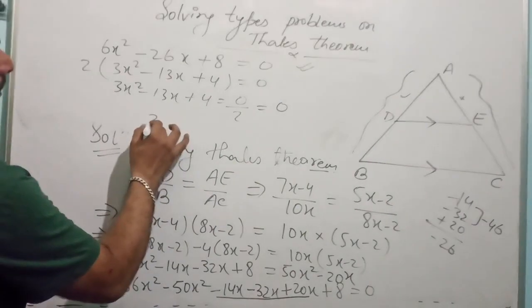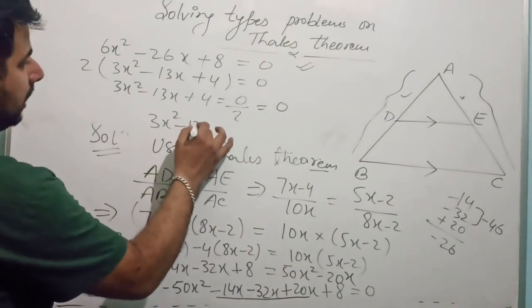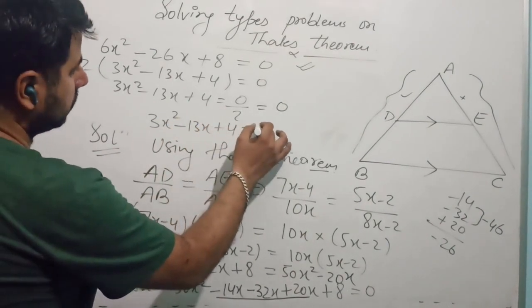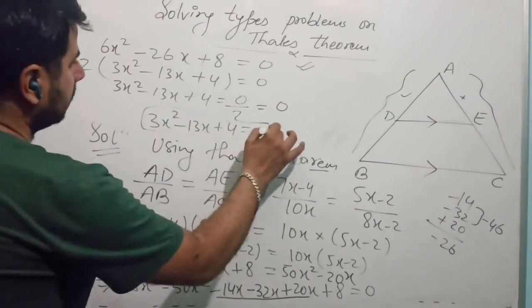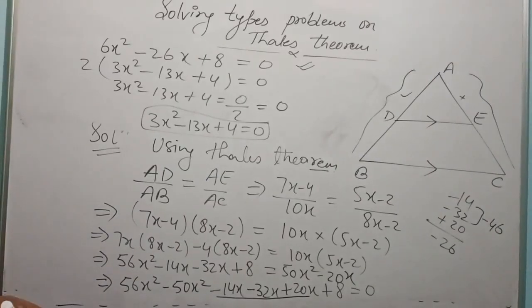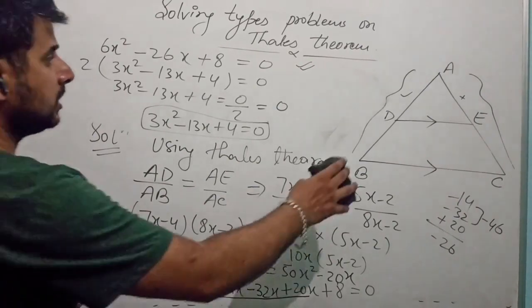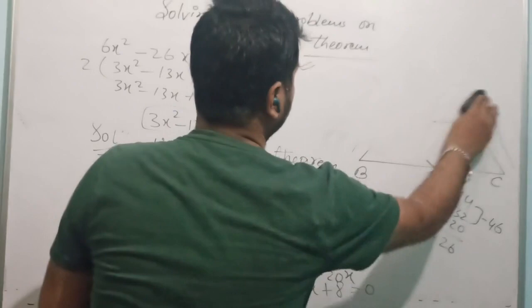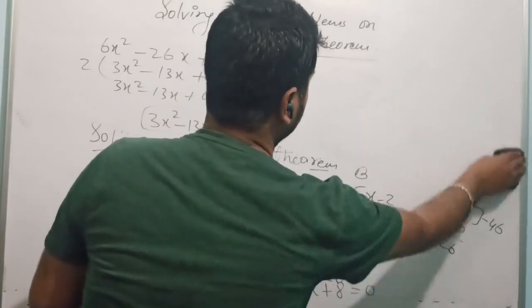So finally you have 3x square minus 13x plus 4 equals to 0. Right? This is your quadratic equation. So I'm going to erase this figure and solve this quadratic form.